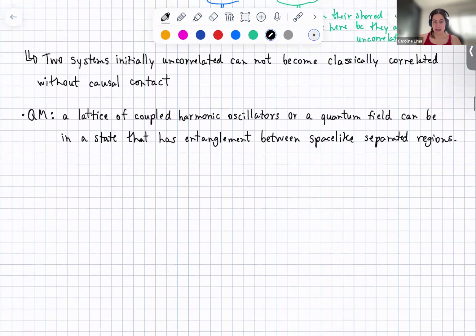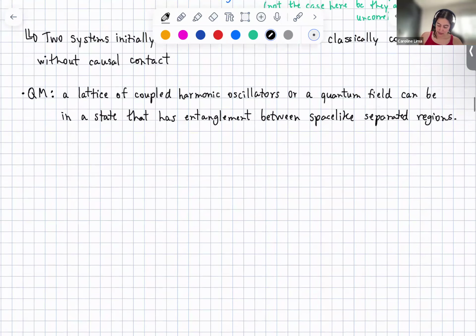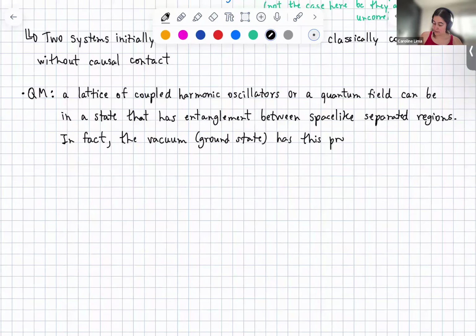Actually, a fun fact is that the vacuum is one of those states. So the ground state, if you prefer, has this property, which is quite nice, right?